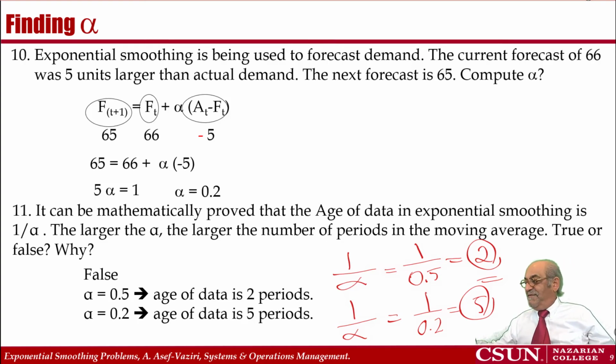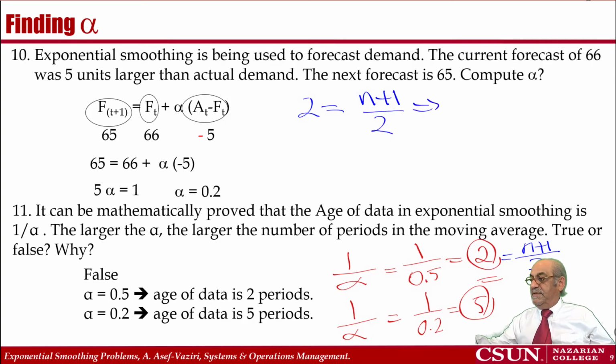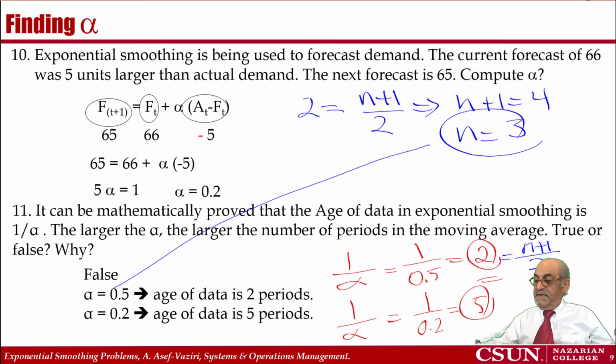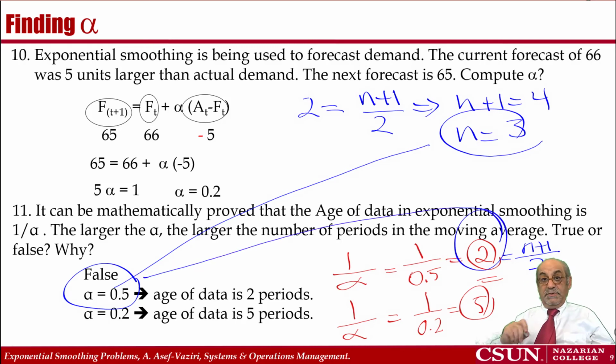Age of data in moving average is equal to n plus 1 divided by 2. And that is 2 equal to n plus 1 divided by 2. That is n plus 1 equal to 4, and that is n is equal to 3. Therefore, if alpha is equal to 0.5, age of data is equal to 2, and it is equivalent to a moving average with 3 periods.